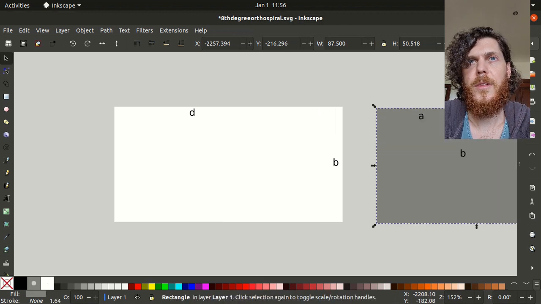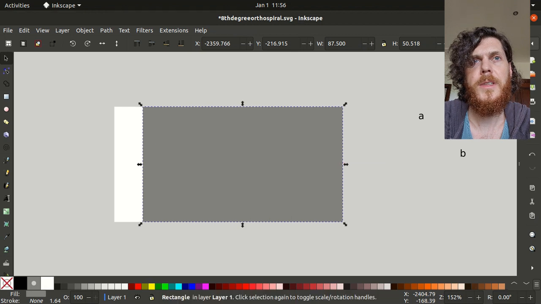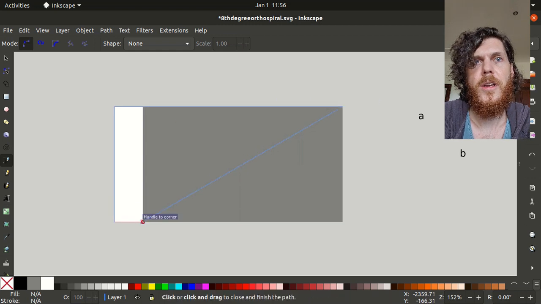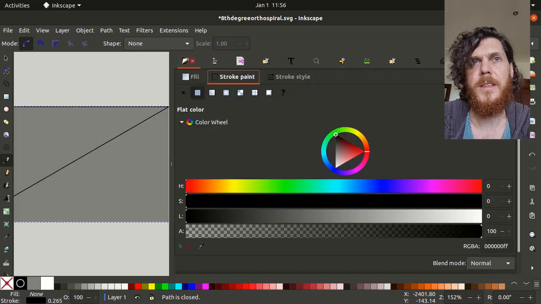All right, now we have the 2 rectangles to make the right angle trapezoid. And as you can see, D minus A is much shorter than when S was set to 1.